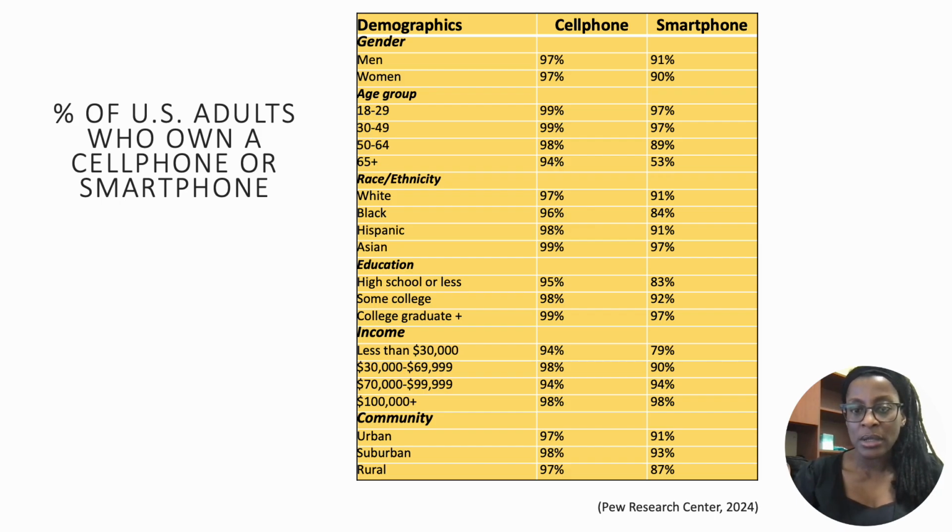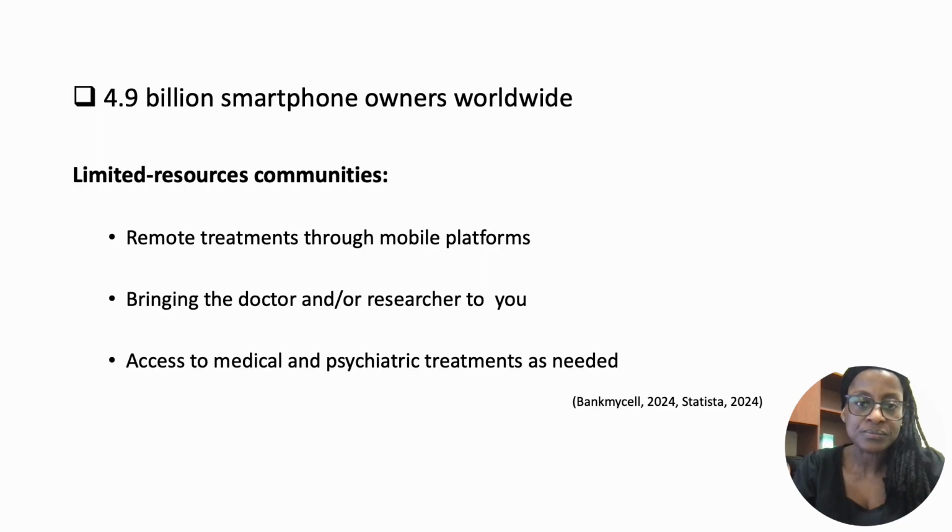A little bit lower in older folks, 65 plus, in terms of smartphone ownership in comparison to their younger counterparts. Nevertheless, overall, we see the wide availability of smartphones among the U.S. population. Also globally, there is a lot of data to show that smartphone ownership is pretty high worldwide, which provides substantial opportunities for us to intervene and to engage with folks.